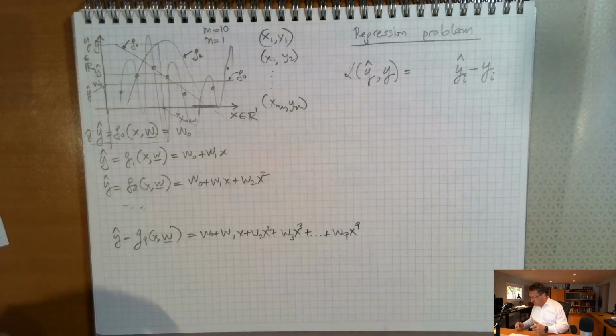As we discussed, if that difference is large, then the loss function should return a large number. And if that difference is small, a small number, which is compatible with what we had just discussed.